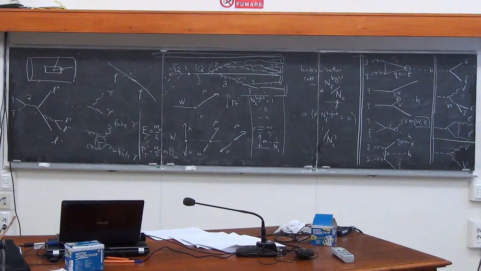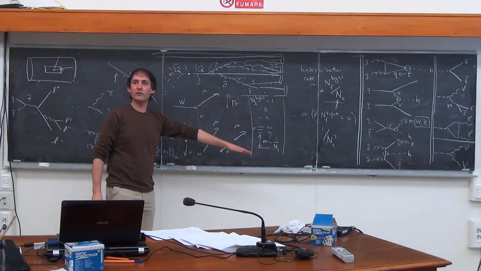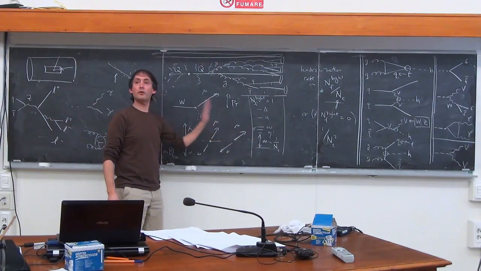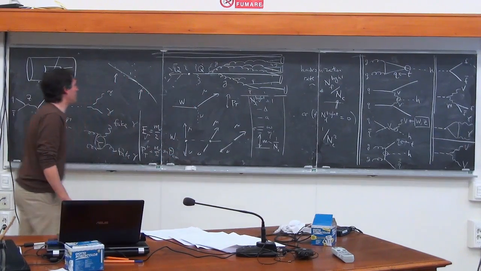Right? It's Lorentz invariant. So if the W's were produced predominantly at rest, the PT of the muon could be 0 up to m_W over 2, but no larger.